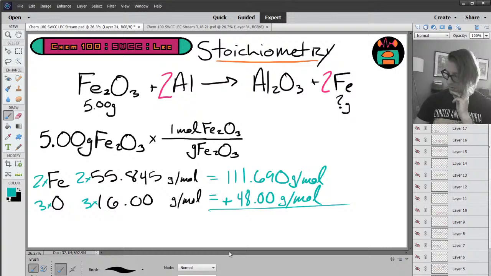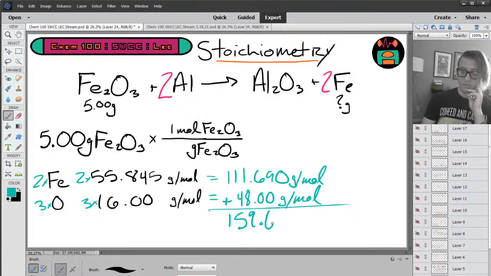Adding these two together gives us our molecular mass of iron 3 oxide, 159.69. That's the last sig fig, and it is.